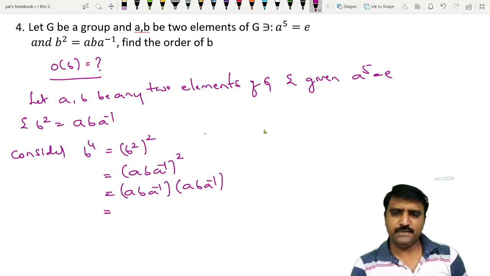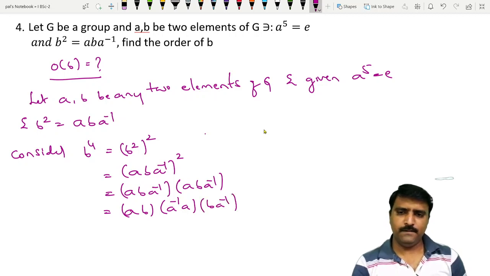Again, by using associative property, you write it is A into B into, you club these two, A inverse into A into B into A inverse, which is equal to AB into A inverse into A is an identity element into B into A inverse.